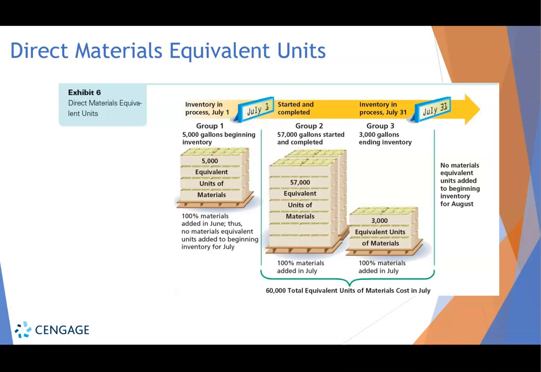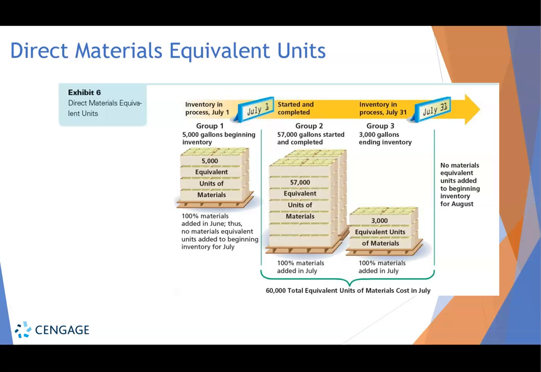This slide shows the July 1st inventory of Group 1 has 5,000 gallons of whole units, which are complete as to materials, because remember, the materials get put in right away. That means the direct materials for the 5,000 gallons in process on July 1st were added in June. So the percentage of materials added in July is 0. And the equivalent units added in July are 0.